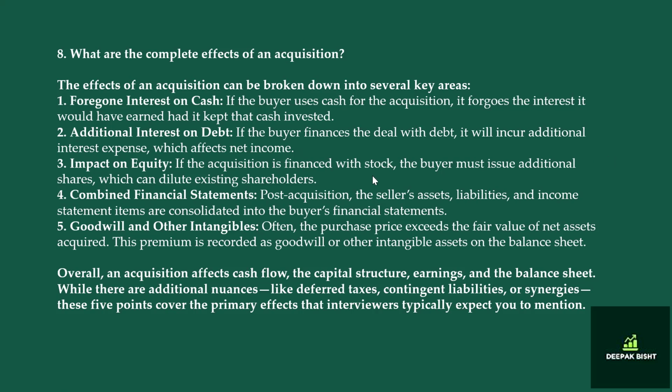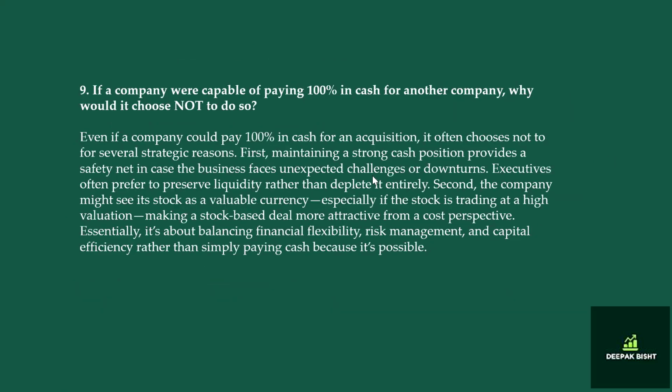So let's move to question number 9 now. If a company were capable of paying 100% in cash for another company, why would it choose not to do so? In a merger and acquisition, preserving liquidity and managing risk is one key aspect.